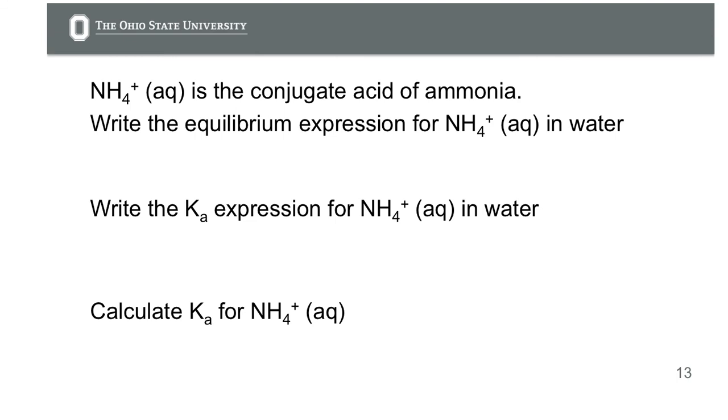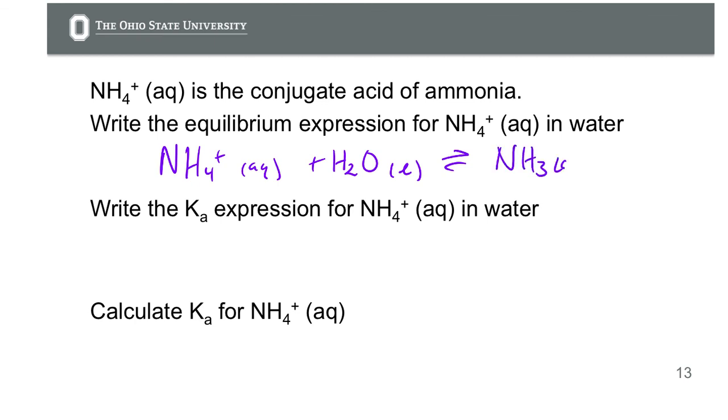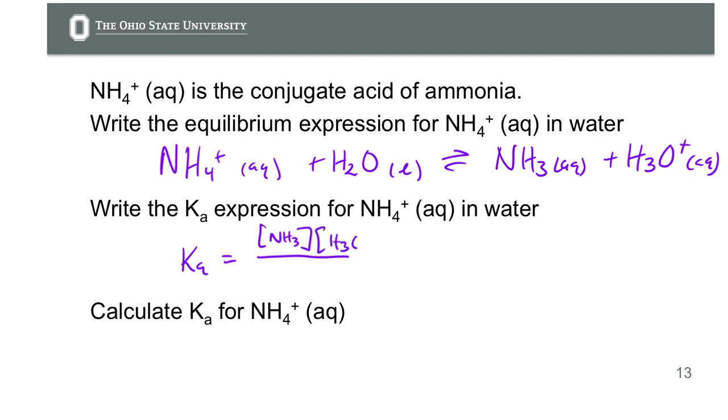Okay, so if we're going to work through this, we can write out the equilibrium for ammonia, which we just sort of did. Ammonium ion. I'll do it correctly this time. Write the Ka, over NH4+.